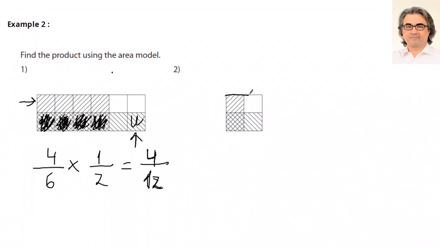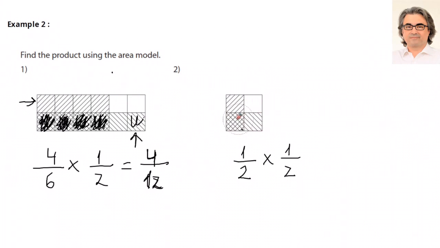Now let's come on here. For the horizontal one, the shaded region is represented with 1 over 2. Clean it. And for the vertical one, again the shaded region is represented with 1 over 2. We are multiplying these two types.